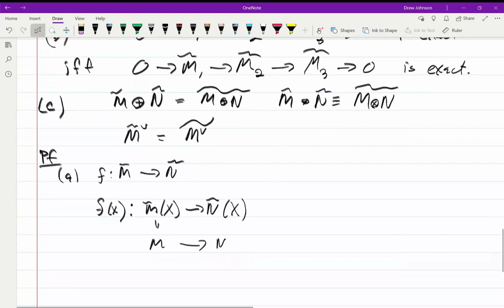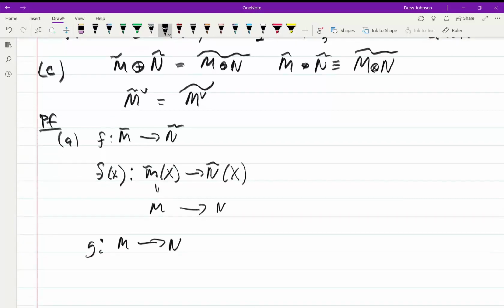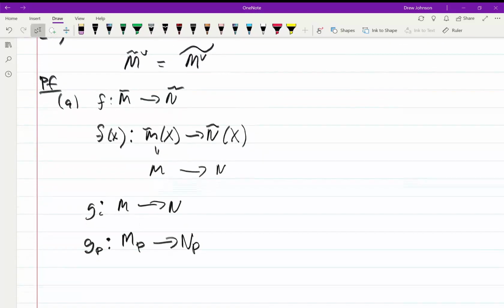And then if you want to go the other direction, suppose I had an R-module morphism g from M to N. How do I get a morphism of sheaves? Well, notice that g induces a map on local rings, M_P to N_P, for each prime ideal P. But M_P we know is isomorphic to the stalk of the tilde sheaf.